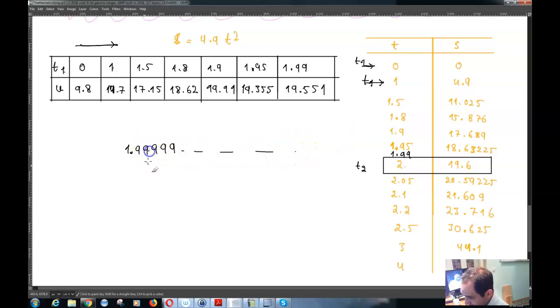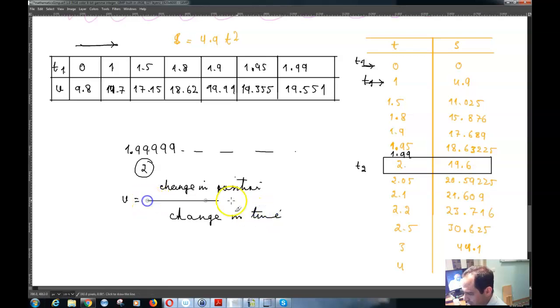But I cannot make this number 2 exactly, because if I make this number 2, then the average velocity would be the change in position over the change in time.